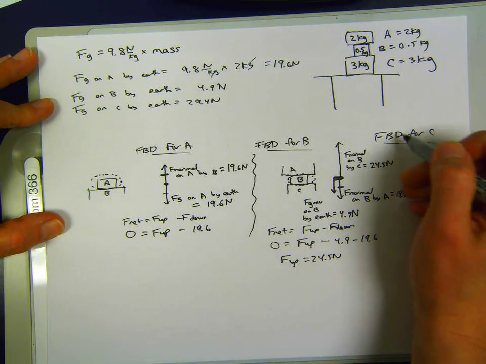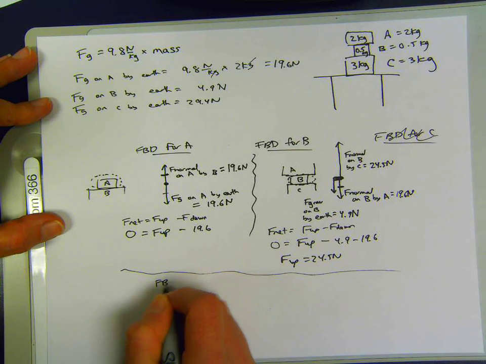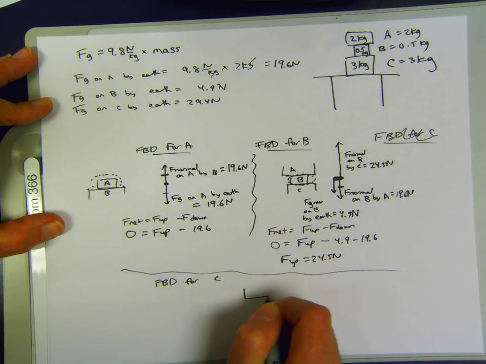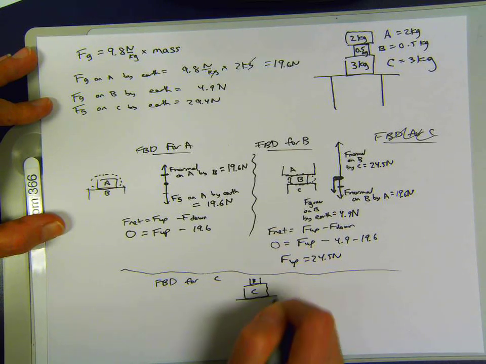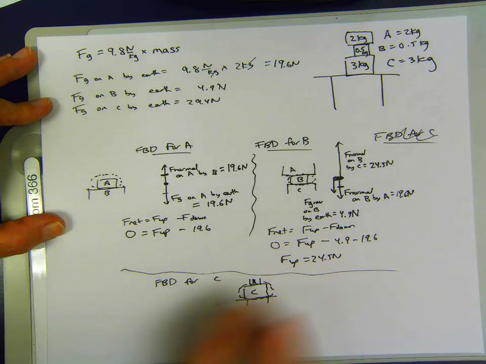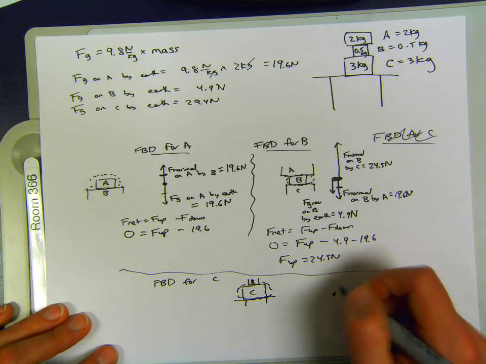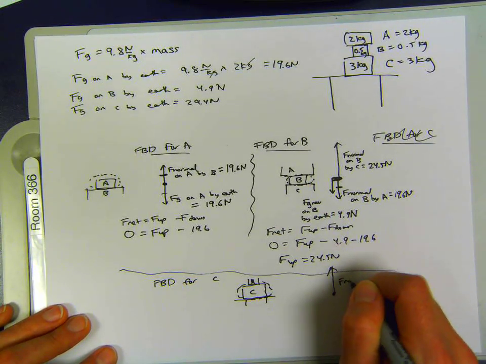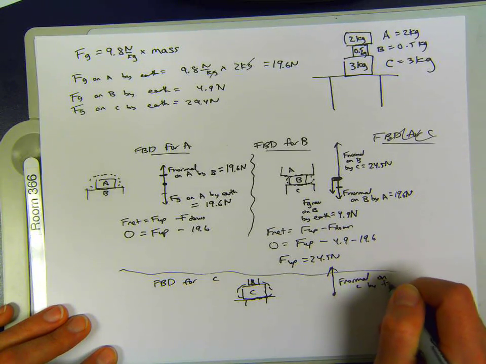Now I'm going to go for C, and I did not leave myself enough room, so let me do the FBD for object C down here. This is object C. There's a box above, B, and a table below. If I circle C, that shows me there are two objects that push on C, so I'm going to have two normal forces. The table below is going to push up, F normal on C by table.